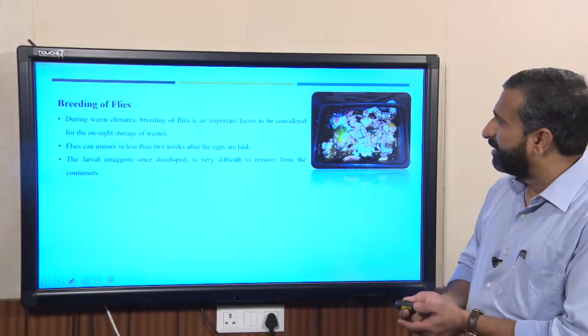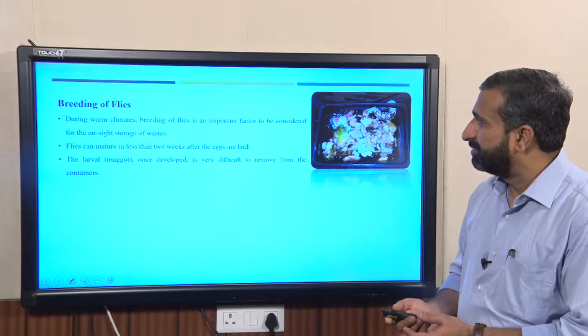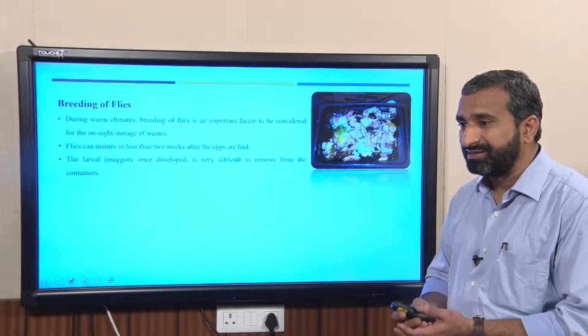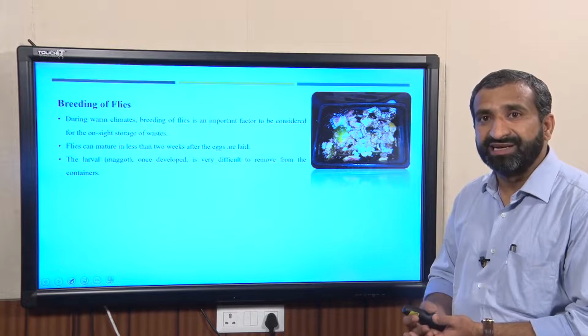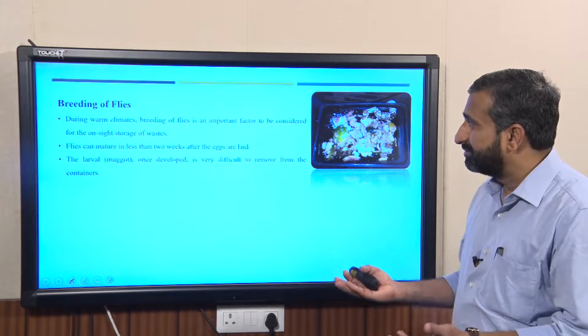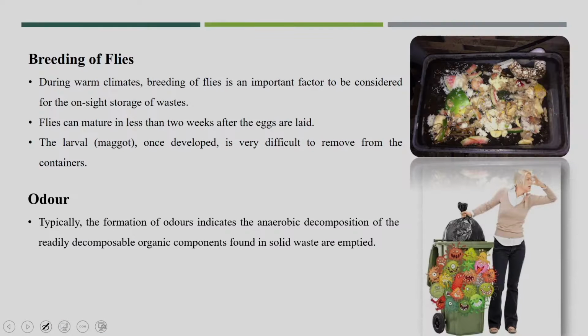Another few more parameters, which we normally never analyze, but need to understand: the breeding of flies normally takes 1 week to 2 weeks once waste is stored at a particular location. This is very important to know while designing the dustbins inside the city. If waste is stored for a longer period, breeding of flies is possible in such locations.